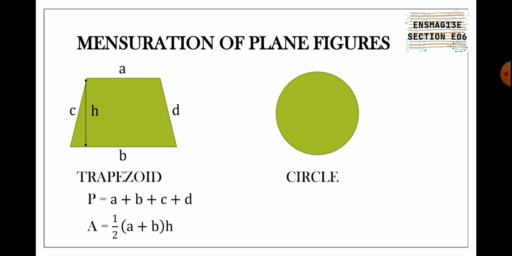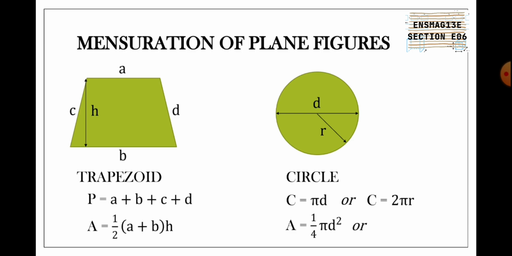Our next figure is the circle. So a circle is a round plane figure whose boundary, or the circumference, consists of points equidistant from a fixed point, that is, the center. So if we have a common length fixed at a point, and we rotate that length, or what we usually refer to as the radius, we will create a circle.